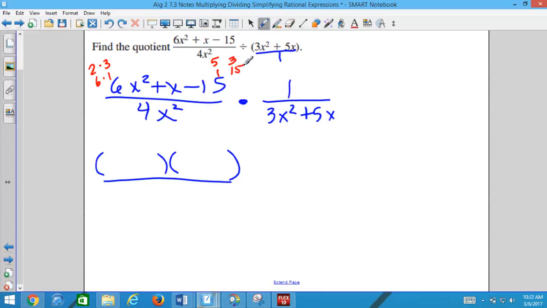So we could have negative 5 and positive 3 or positive 5 and negative 3. There are so many different combinations that it might take you a little bit of time to guess and check. So I'm going to wait and do that one last. This one's 4x squared. Over here, this is 1. Let me go factor this guy first. How do I factor this?